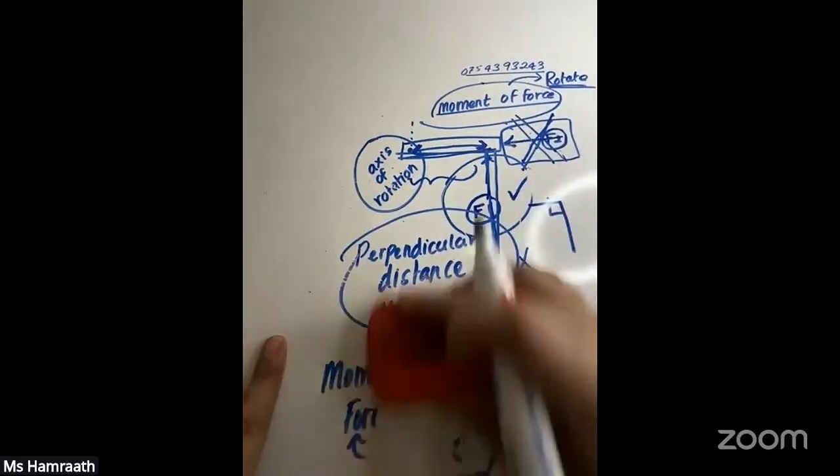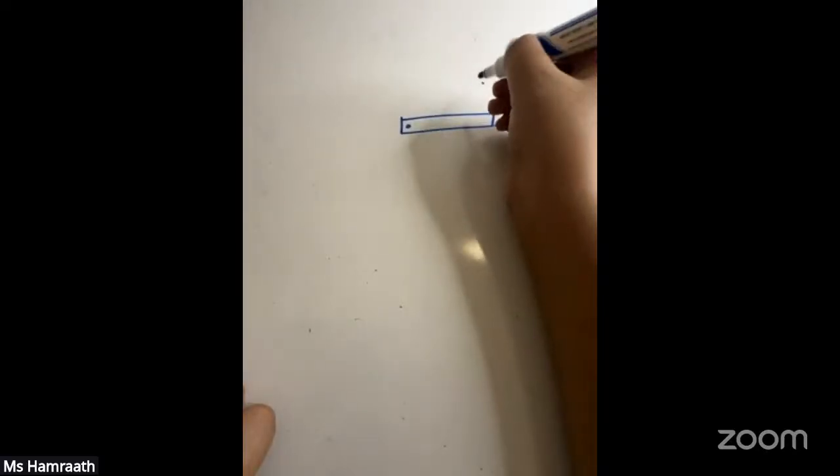Listen to me carefully. If you wanted to move an object, we need a resultant force. If we wanted to stop an object or rotate an object, we need a different kind of force.